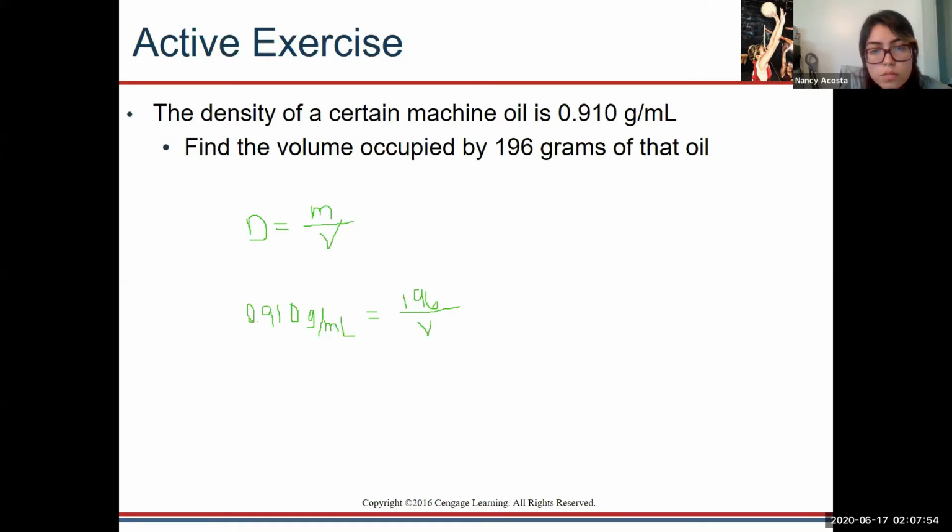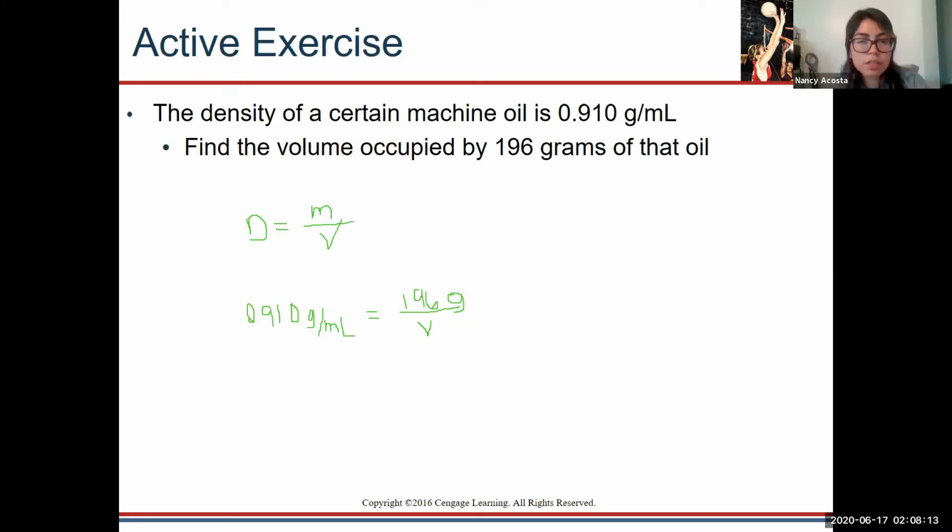So we're solving for the volume. What are the units for 196? That's a G. Okay.